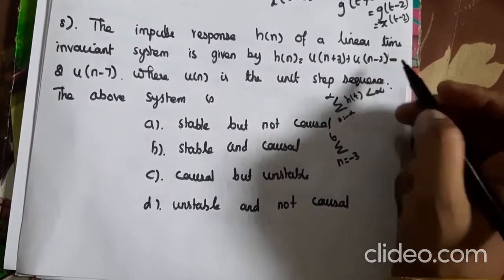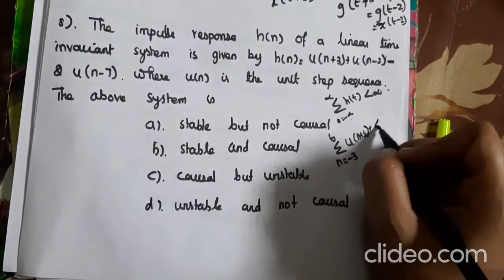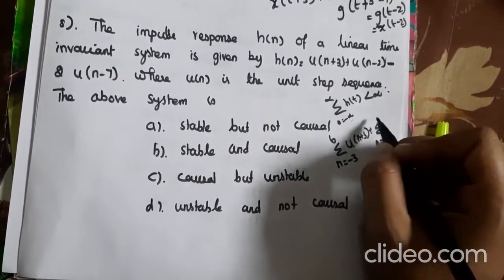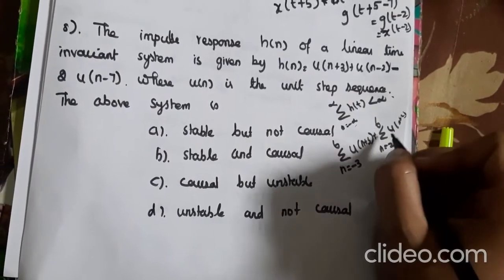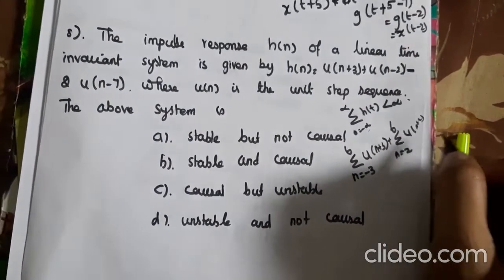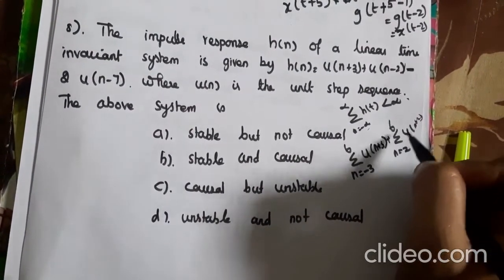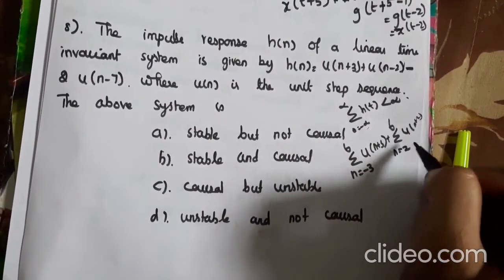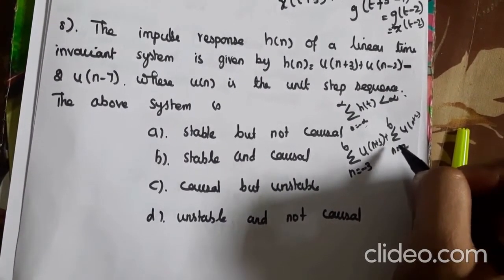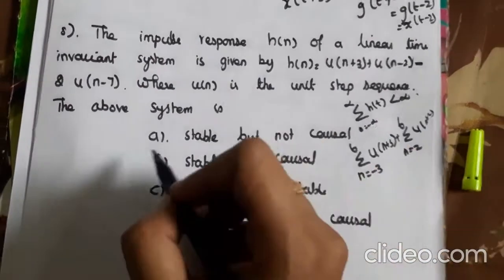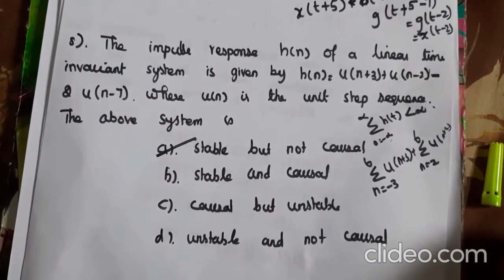This is a subtraction term, so this becomes u of n plus 3, and also n from 2 to 6 for u of n minus 2. The remaining terms are cancelled due to the third term. So this value is bounded and provides bounded output. So this is a bounded input bounded output system, so the system is stable. The system is stable but not causal. So here the answer is A.